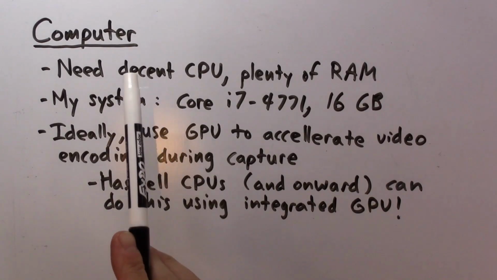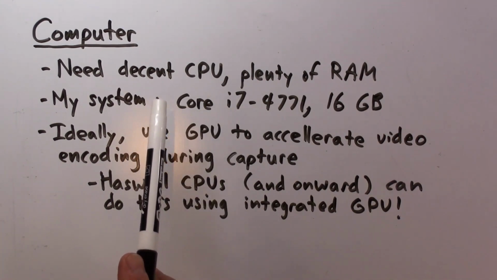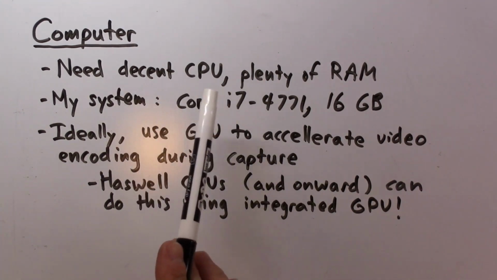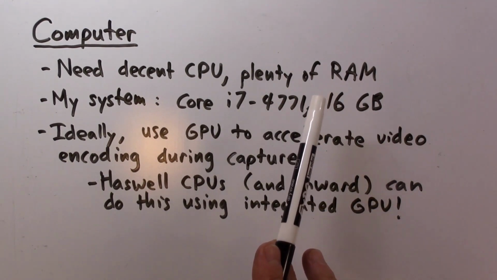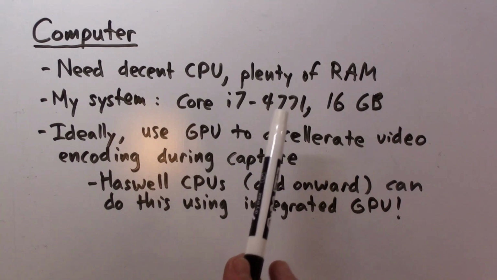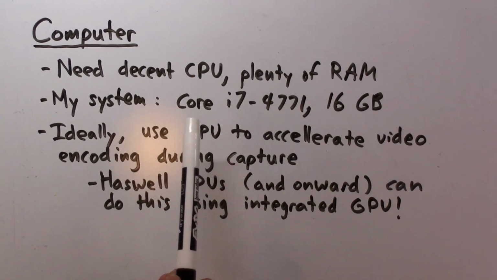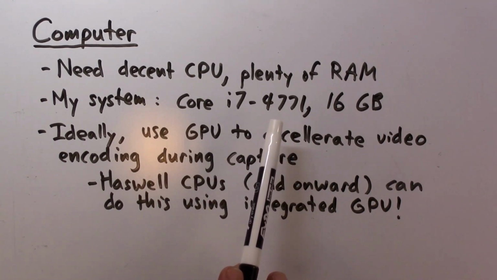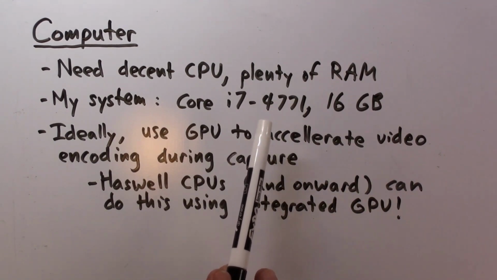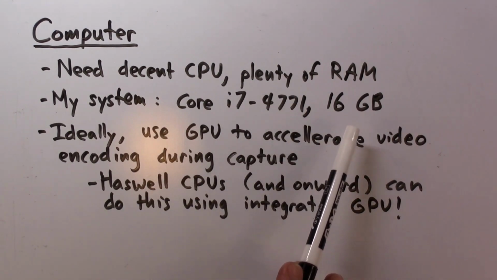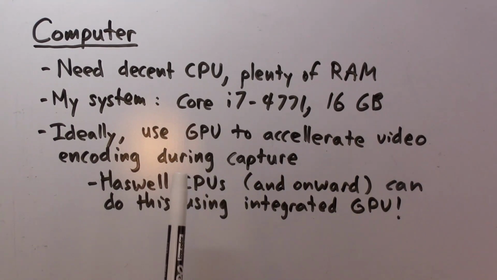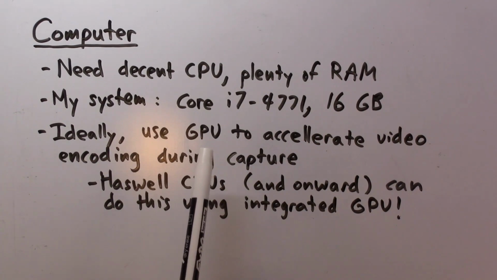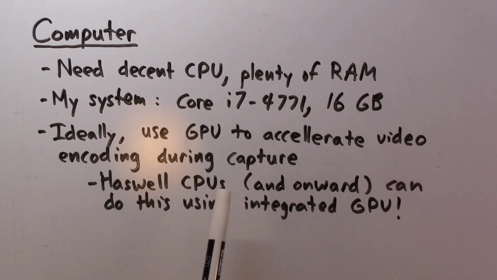I think it is fair to say that you will need to think a little bit about your computer setup, and that you will want to have a pretty reasonable CPU and a pretty decent amount of RAM in order to make video rendering work smoothly. The system that I use has a Core i7-4771, which is one of the higher end Haswell CPUs, and 16 gigabytes of RAM. And ideally, you will want to have a setup that allows you to use your GPU to accelerate video encoding during capture.